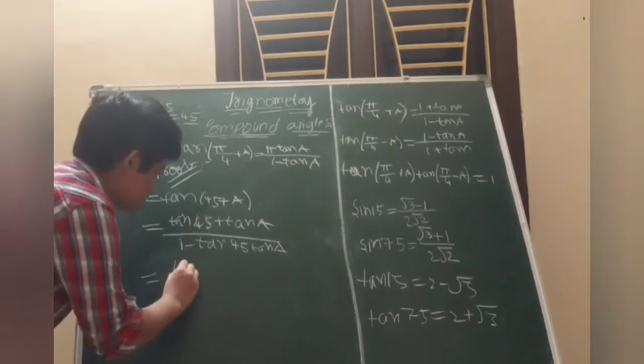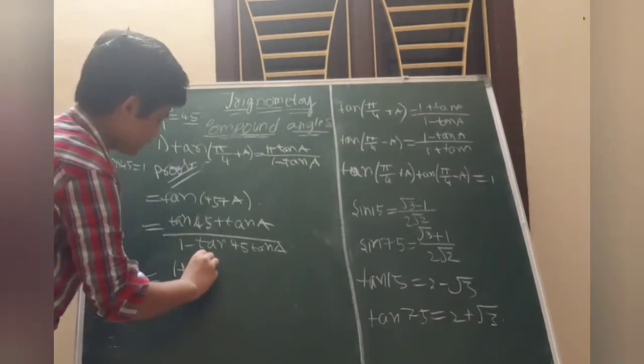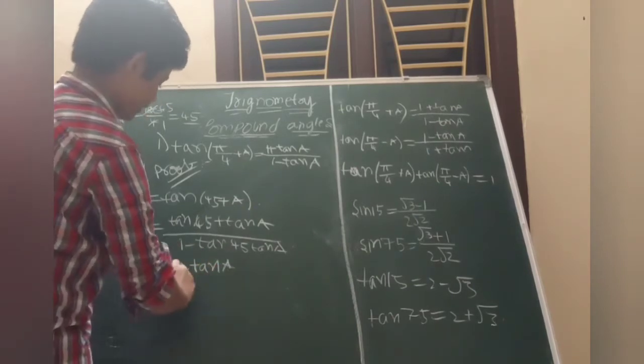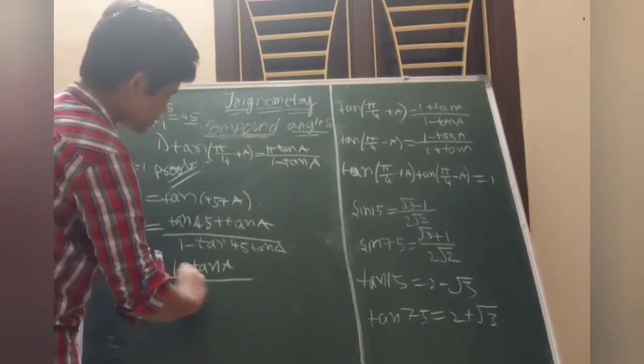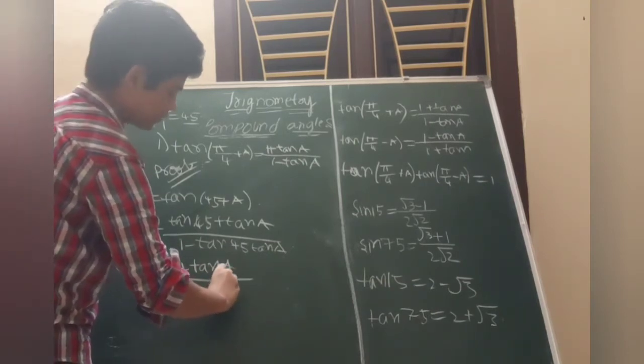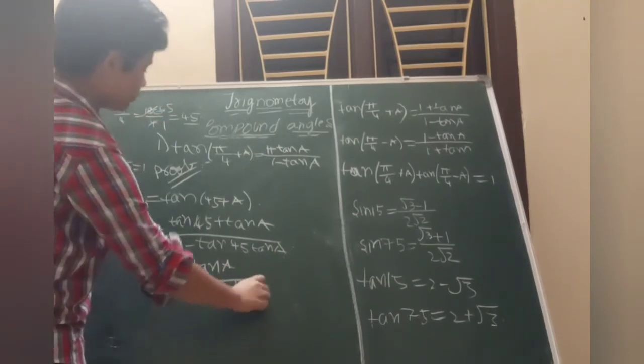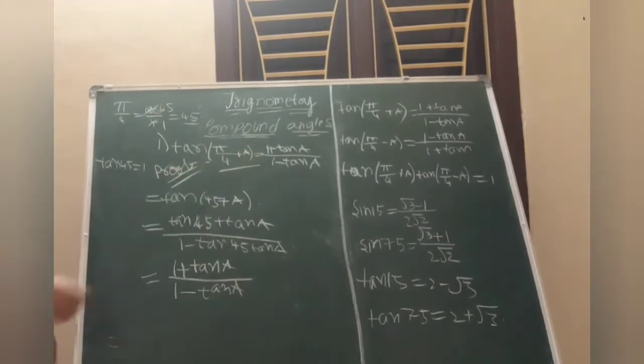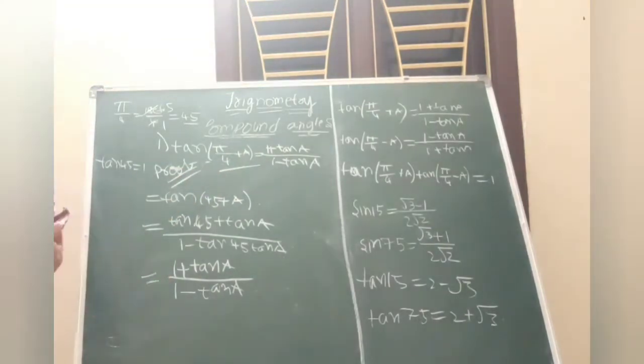So here it becomes 1 plus tan A by 1 minus 1 into tan A, that is tan A. Hence it is proved that tan pi by 4 plus A is equal to 1 plus tan A by 1 minus tan A.